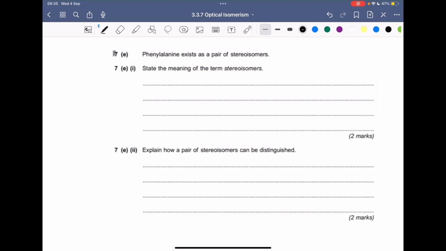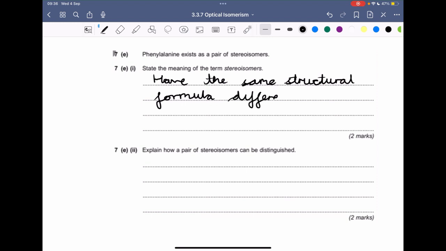Okay, here's another exam question. State the meaning of the term stereoisomers. Okay, so they have the same structural formula, different spatial arrangement of atoms.